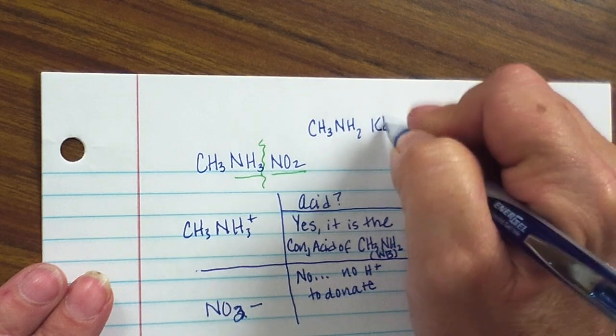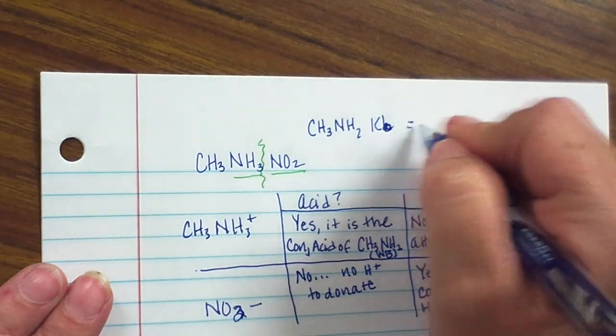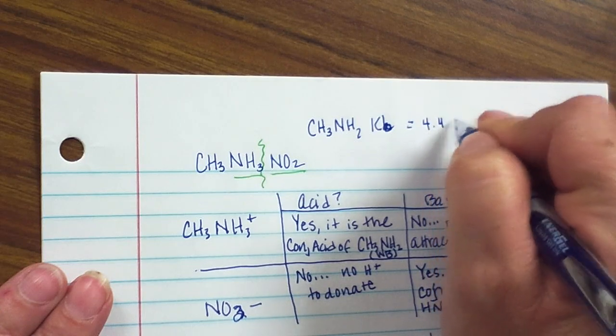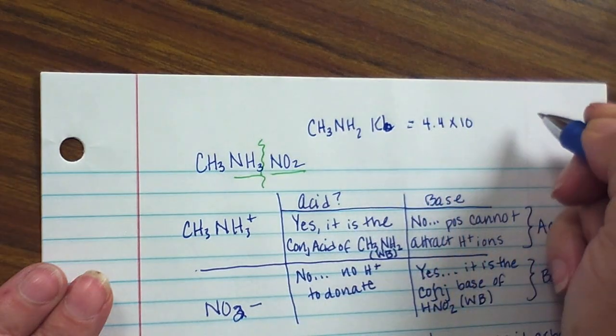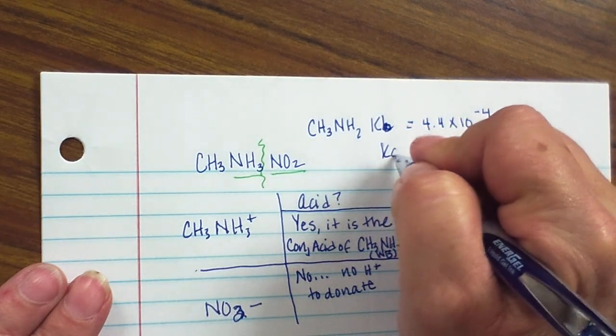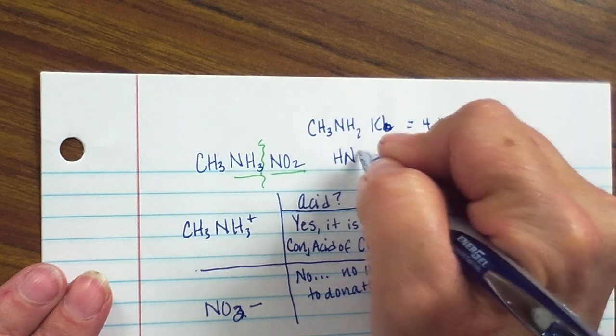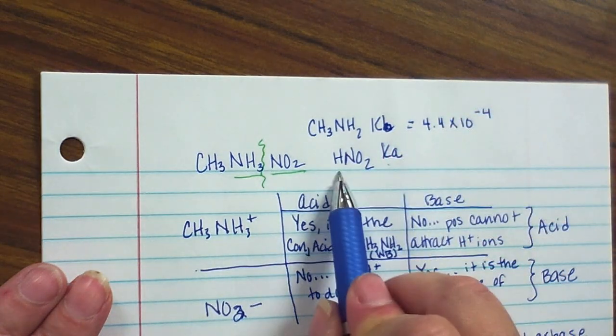You're given the Kb of that, which is equal to 4.4 times 10 to the minus 4. And you're given the Ka of HNO2. That makes a lot of sense, right? So you're getting the acid and then the base.